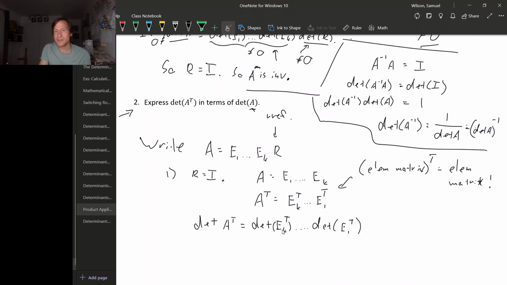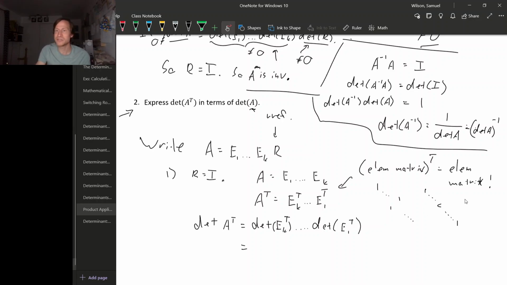So the determinant. If you have any elementary matrix, if it's a permutation matrix like this, a matrix that switches rows, the transpose is the same thing. If you have a matrix that multiplies a row by a constant, like this, the transpose is the same thing.